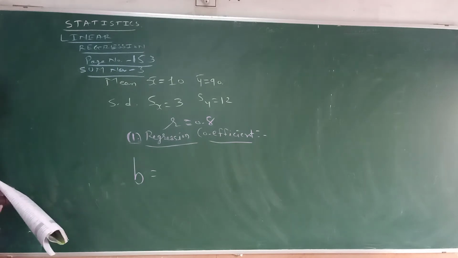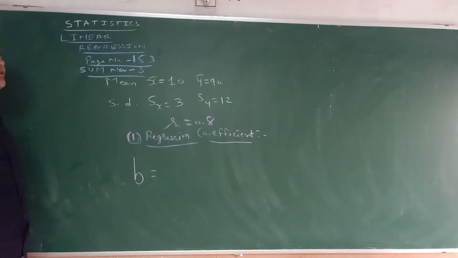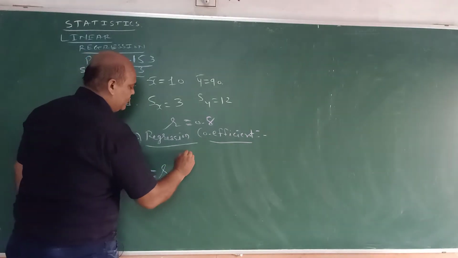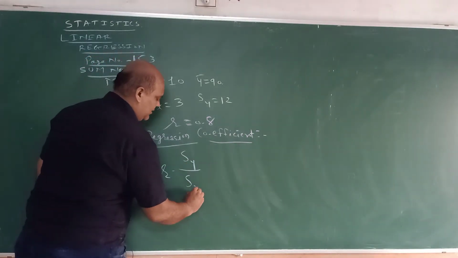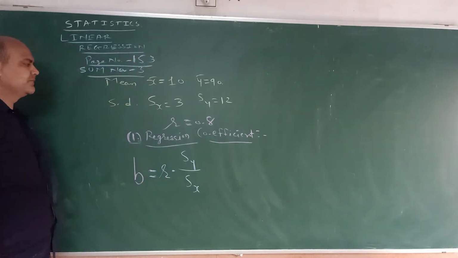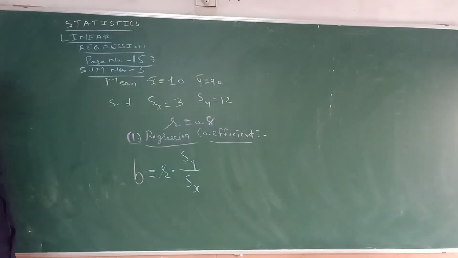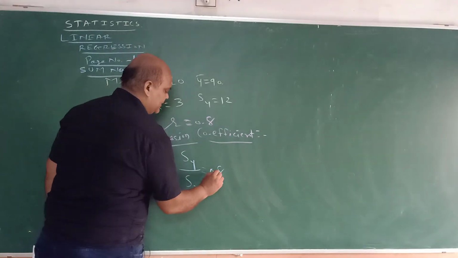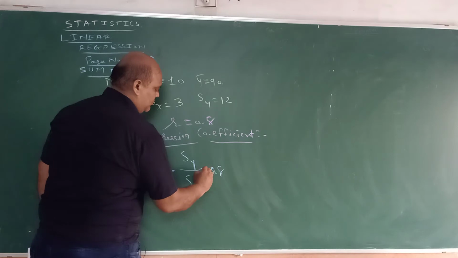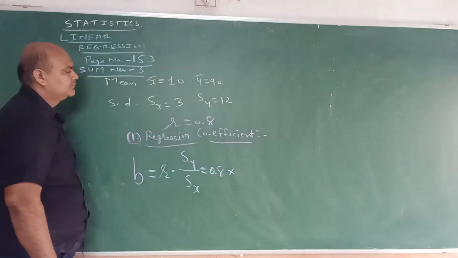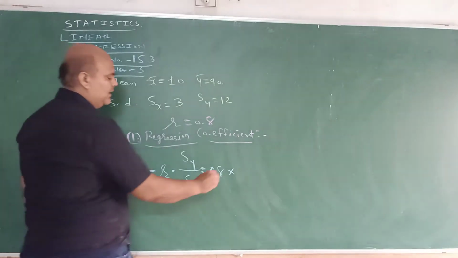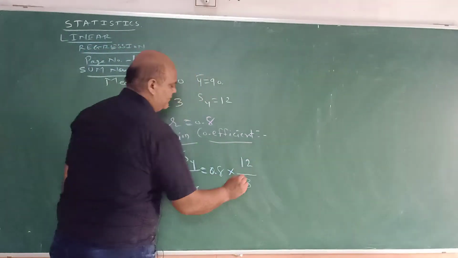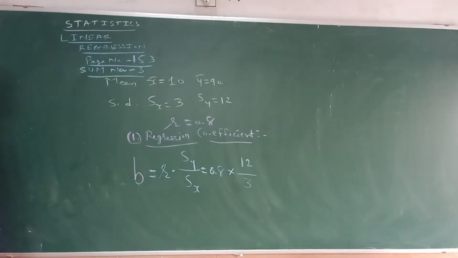The formula for b, when the correlation coefficient r is given, is r into Sy upon Sx. We put the values into the formula. Here r is 0.8 into Sy is 12, while Sx is 3. 12 divided by 3.